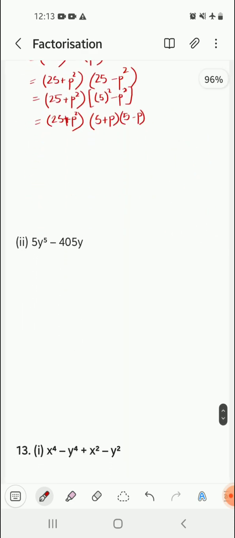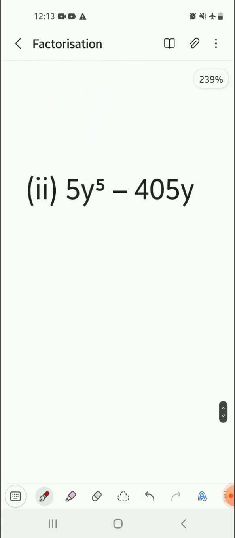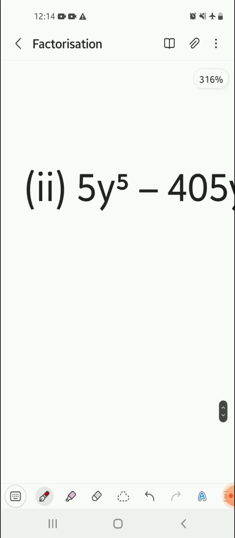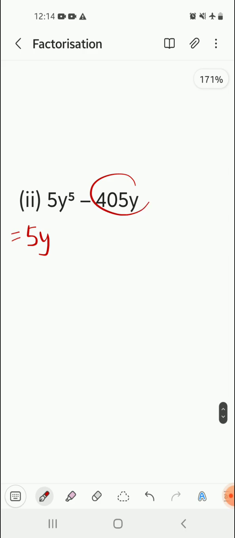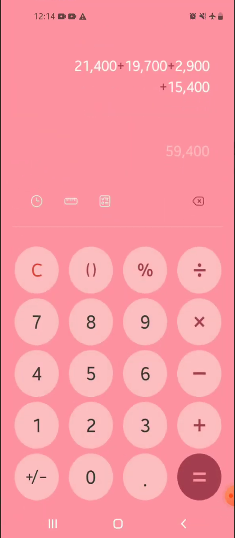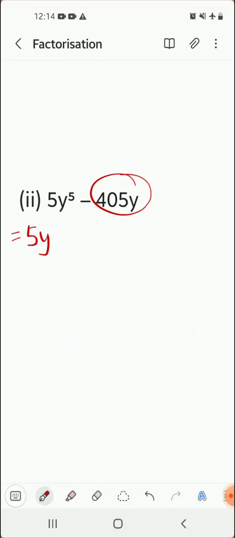Moving on to the next question. Again 5y to the power 5. Over here, bring the common one out. y is common and we've got 5. Obviously, as per the rules of divisibility, 405 is divisible by 5. So see, 405 divided by 5, we get 81.